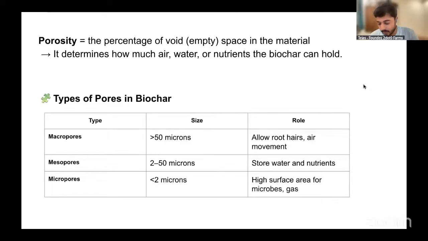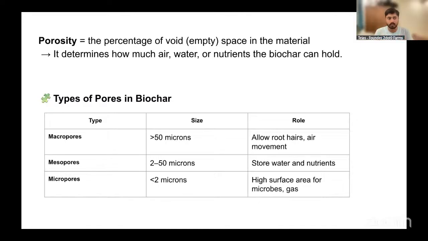The other property that we were looking at was the porosity. One is the surface area. That's different. Surface area comes into play even more when we grind the biochar into tiny pieces. But sometimes because of grinding, we might open up a lot of surface area but lose its porosity.